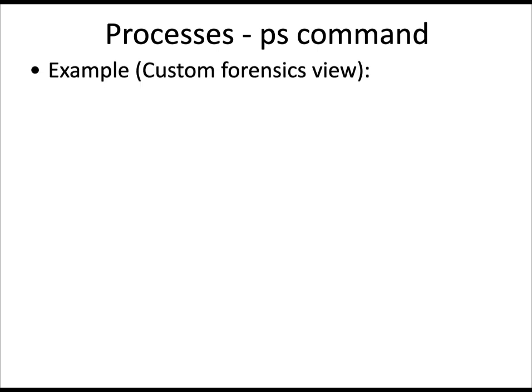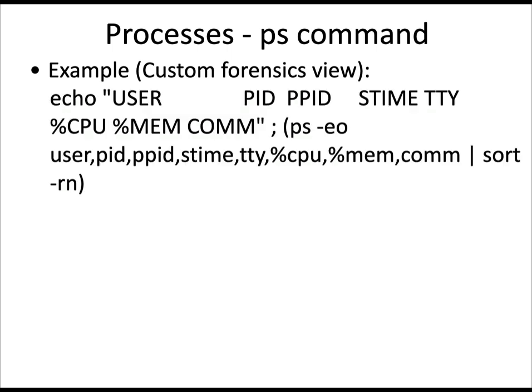This is more what I'm calling our forensics view. What are some of the top things we care about? We care about who the process is running as. We care about the process ID, the parent process ID, when did it start, and what TTY is it running on, followed by percent CPU, percent memory, and the actual command that's running.